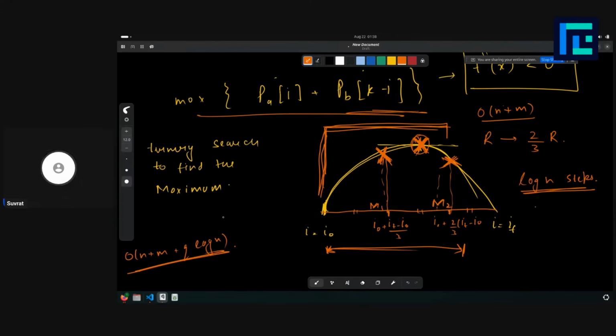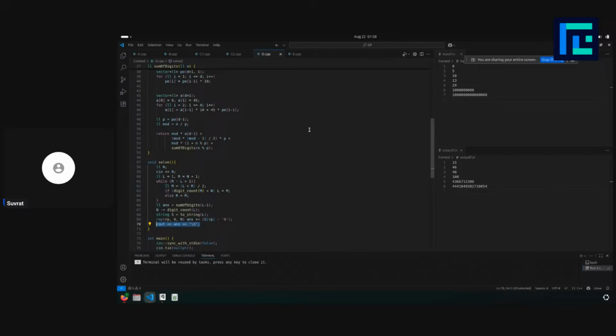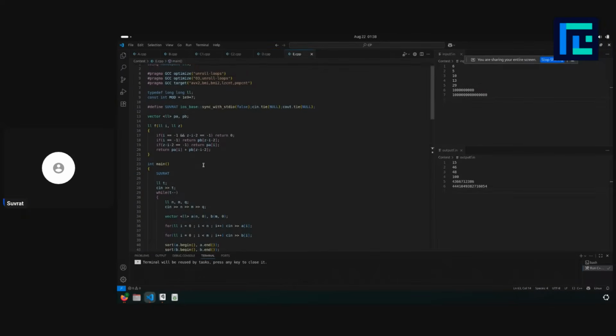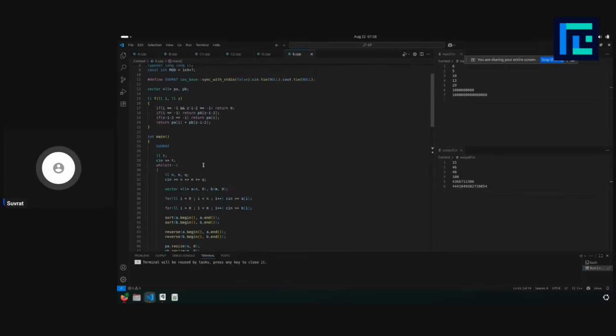Also, I'll show you guys the code now. I've written the code in 0 base, so there might be little differences in functions, but it does the same thing.